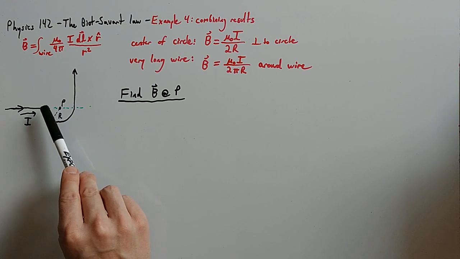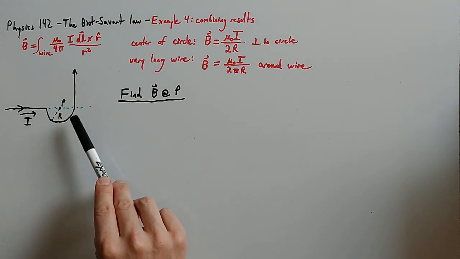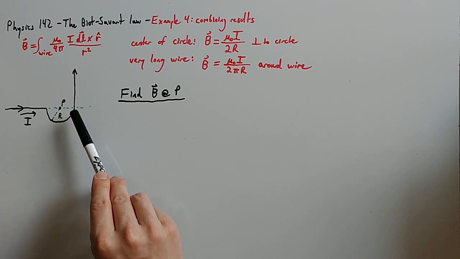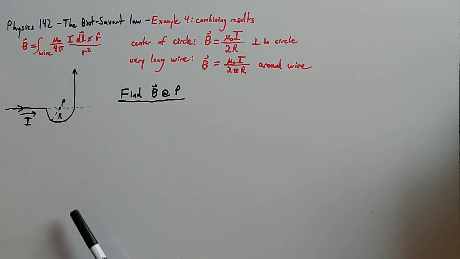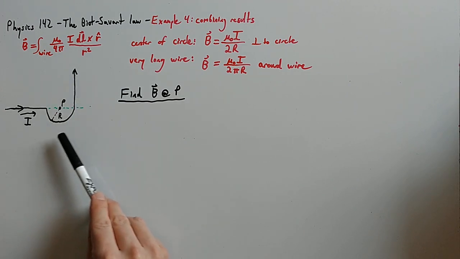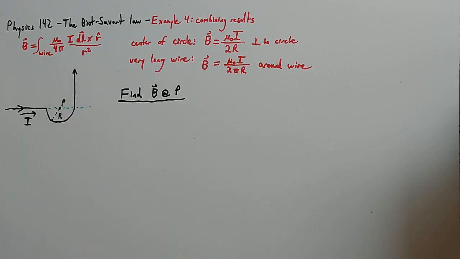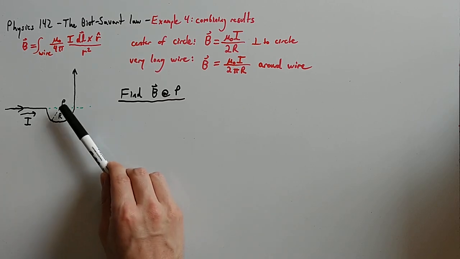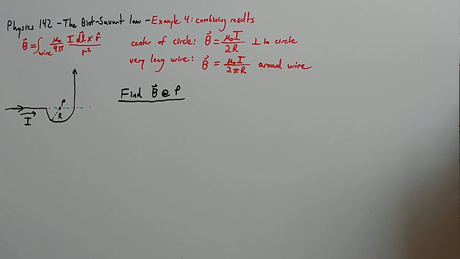The wire is a straight wire for a while, but then we bend it in a half circle here, and then I have another straight wire emerging, going up to the top there. So we have 3 separate parts to think about. And what I'm interested in is, what is the magnetic field at this spot P, right at the center of the half circle?